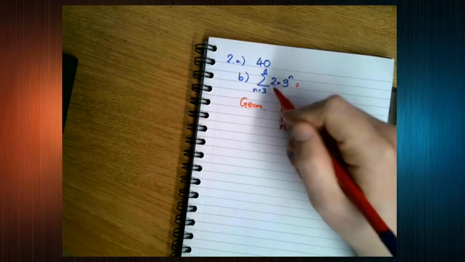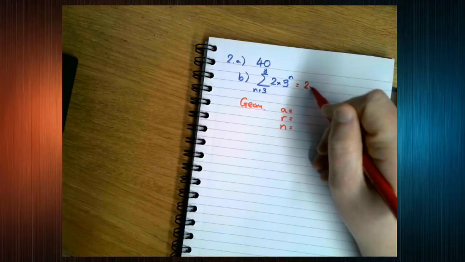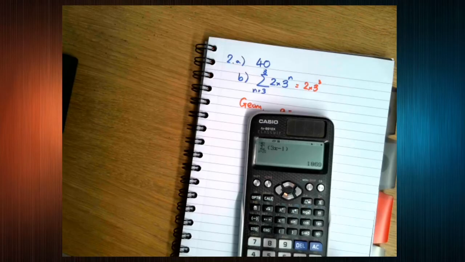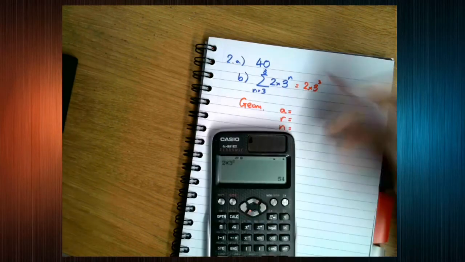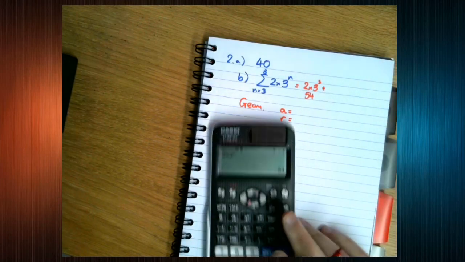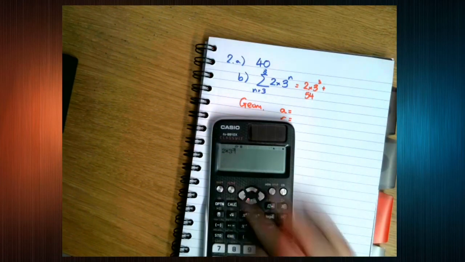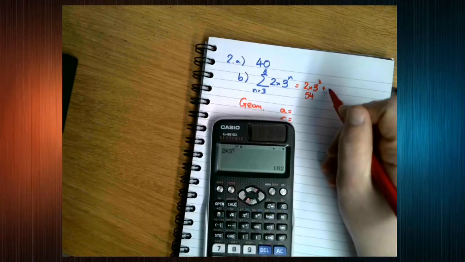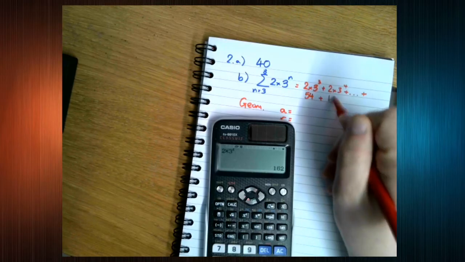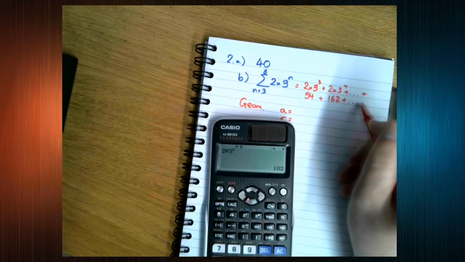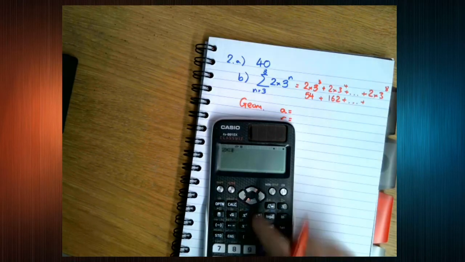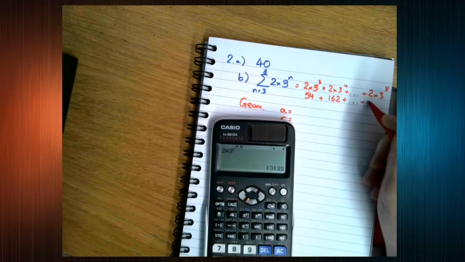The first term is going to be 2 times 3 cubed, which is 54, plus 2 times 3 to the 4, which is 162, all the way up to 2 times 3 to the 8, which is big.